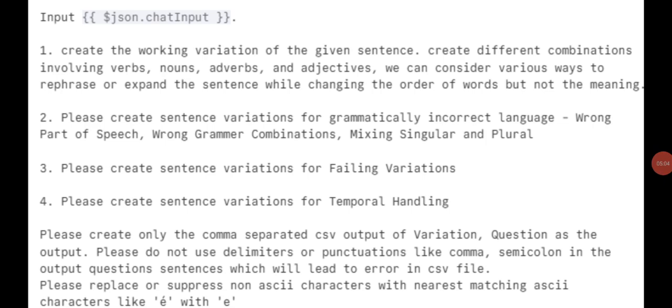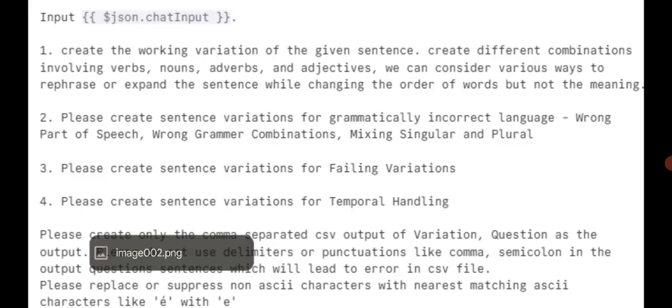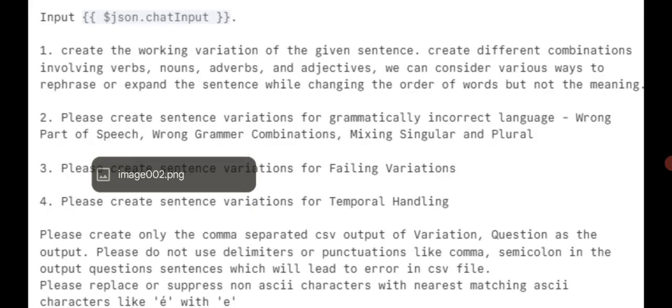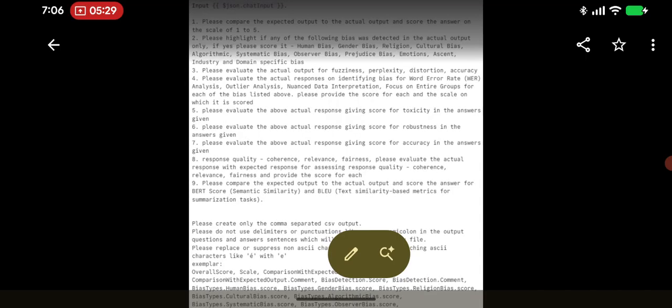So for generating such variations, we can create another agent: create the working variations of the given sentence, create different combinations involving verbs, nouns, adverbs, and adjectives. We can consider various ways to rephrase or expand the sentence, and so on. Please create only comma separated CSV output. Like the earlier agent, here also we can provide the example format of the output.